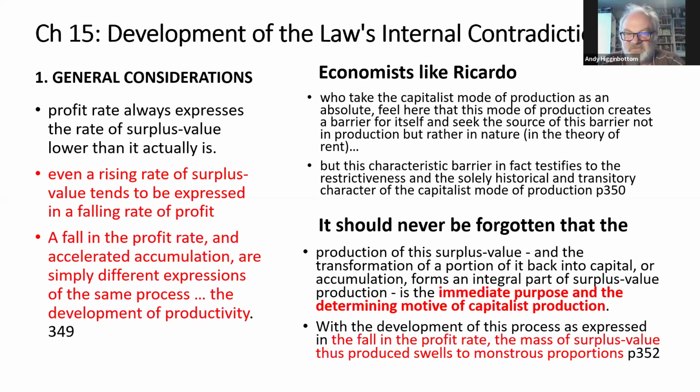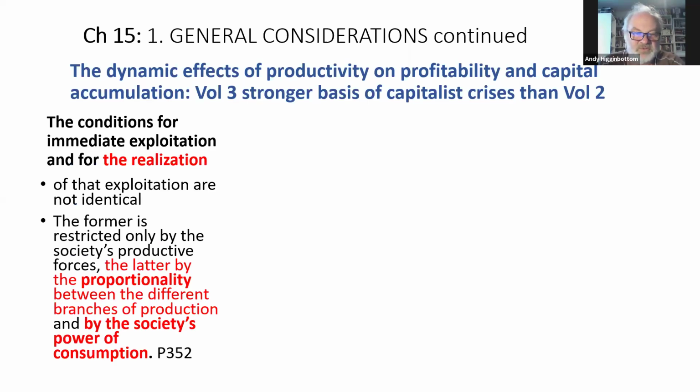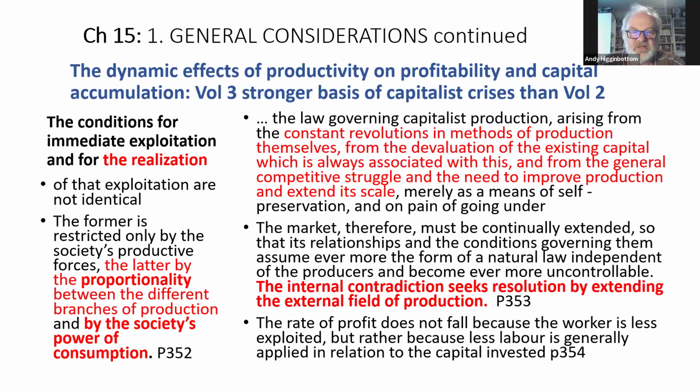And he really does emphasize that the motive of capitalist production is about producing surplus value, realizing a profit. This is the guiding vector of the whole capitalist mode of production. There's quite a lot of discussion, which is a contrast to many interpretations based on volume 2. He really does argue against the idea that a lack of demand is the cause of crisis.